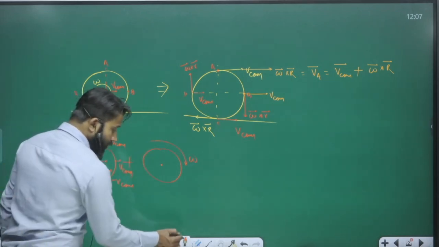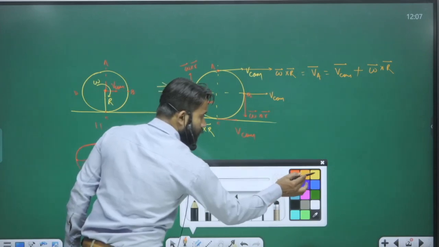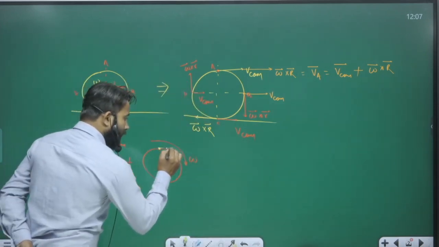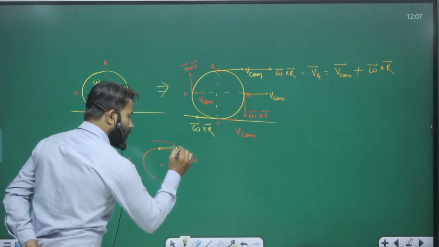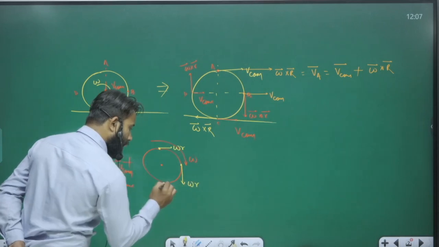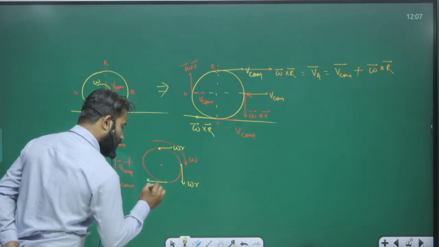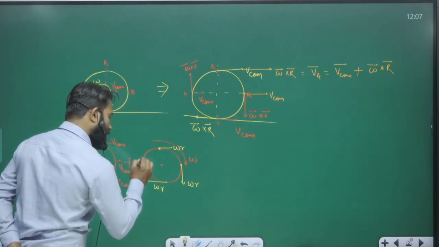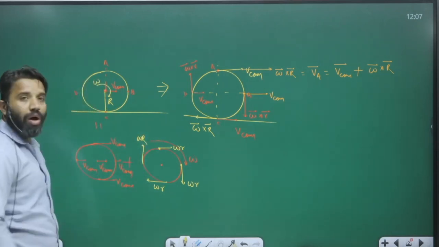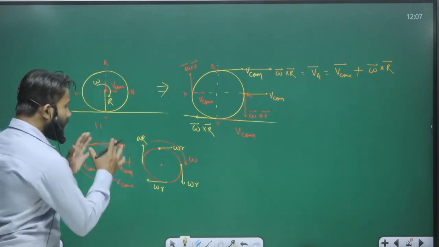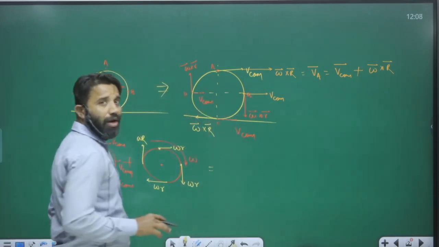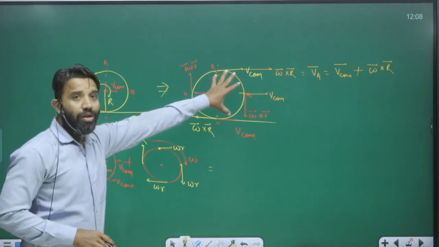Now, due to this rotational motion, this point A will have velocity in this direction omega r, this point B will have velocity in the direction omega r, this point will have velocity omega r, and this point will have velocity in this direction, and that will be omega into r. Now, combine these two diagrams. After combining, you will find the same diagram whatever we have drawn in the above part.